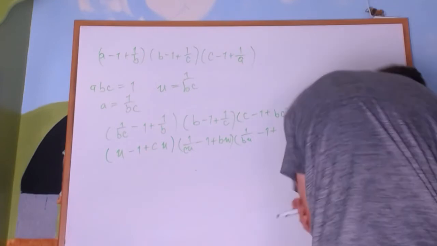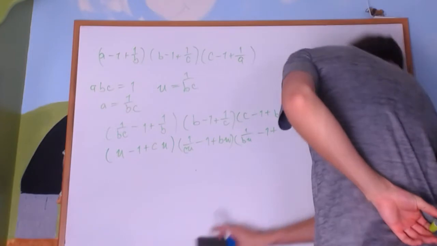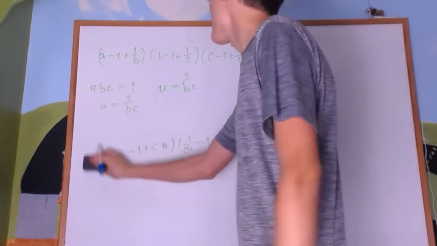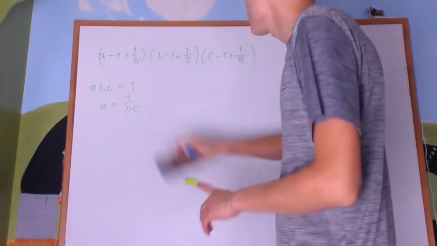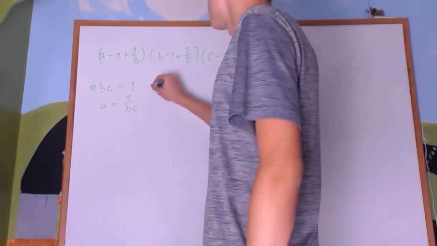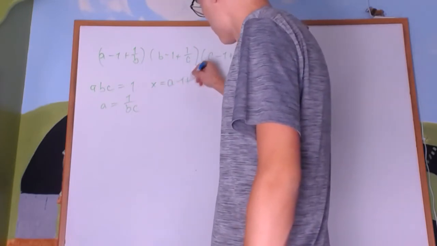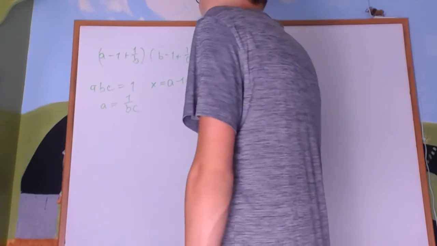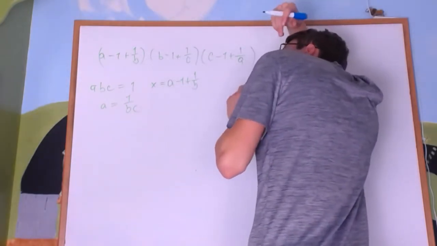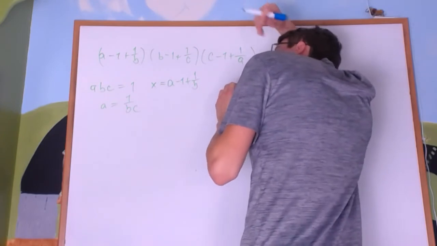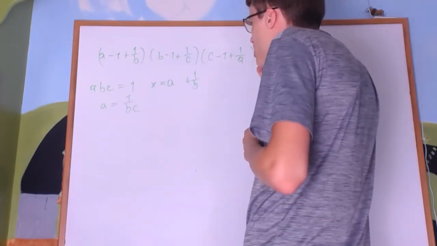Introduce variables x, y, and z. So x, y, and z. Okay. I don't know. That wouldn't help. How about I just get rid of the minus 1? How would that help?